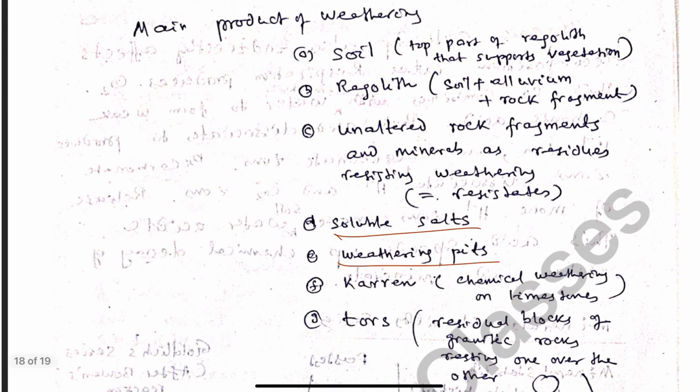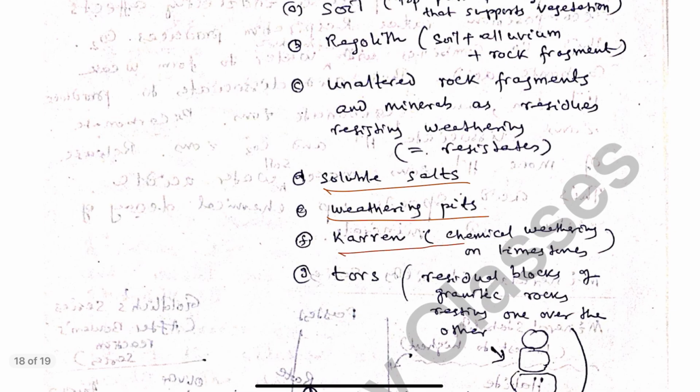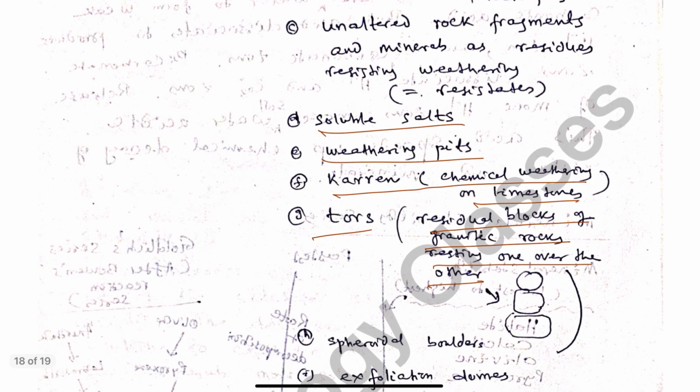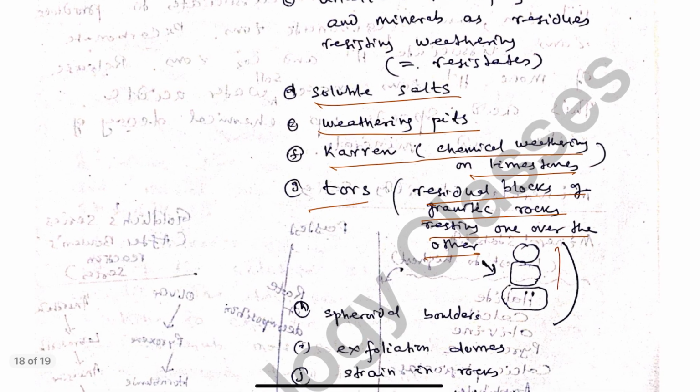Then weathering pits, karren, which is the chemical weathering shown by the limestones, and tors, which are found in granitic country, the residual blocks of granitic rocks resting one over the other, a very common feature in Keonjhar area.